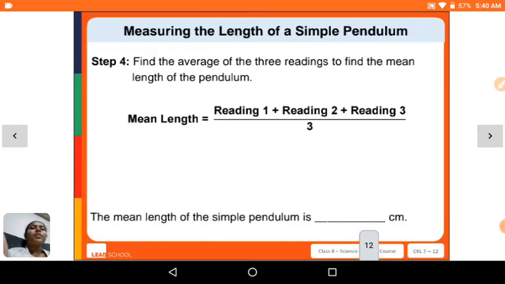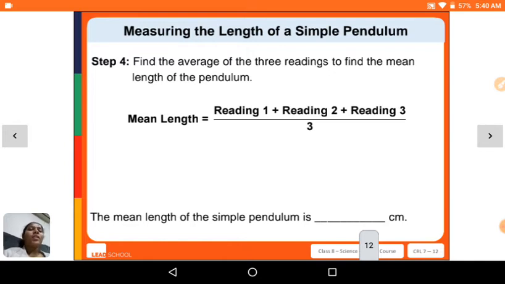Measuring the length of a simple pendulum, take three readings to find the mean length of the pendulum. So what is mean length? Mean length is the average length, that is, all the readings divided by the total number of readings. If we add all the readings and divide by the total number of readings, we get the mean length of the simple pendulum.